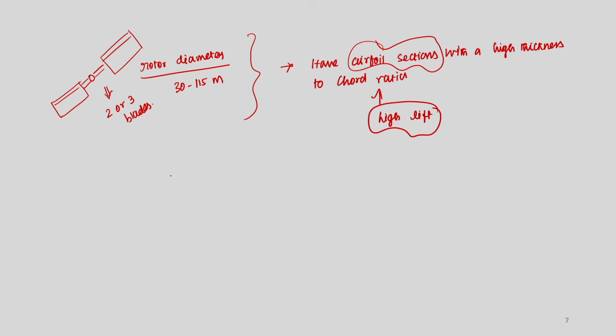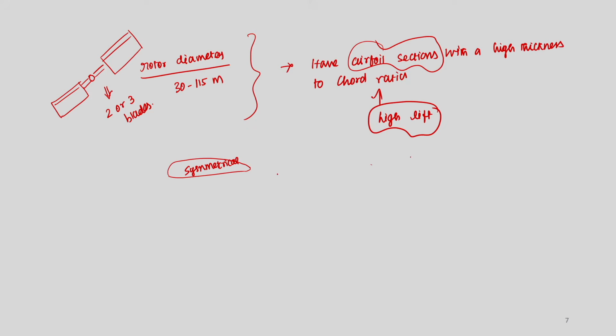There are again many types, right. Normally there is something we call a symmetrical airfoil section. So, you will have the lower surface symmetrical to the upper surface, with no difference.